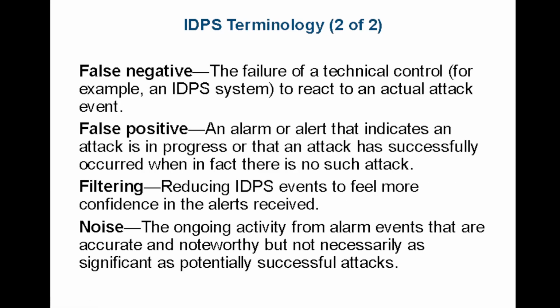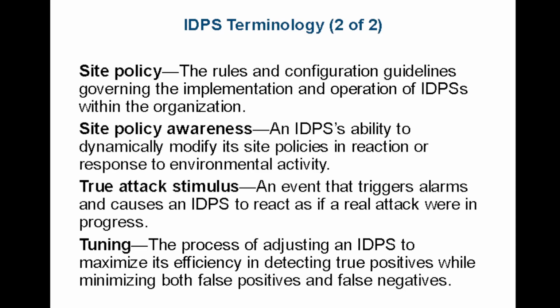Now, if you miss one, that's a false negative. If you misidentify one that was not a bad thing, it's a false positive. You want to do some filtering to have better confidence in your detection. There's always noise, variation, making you suspicious of potential attacks. Noise is always out there.